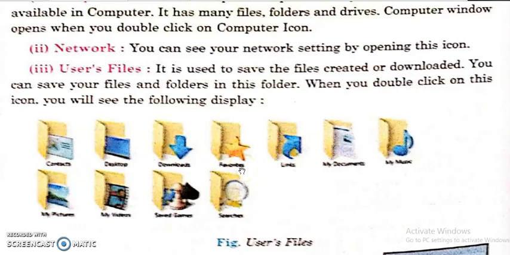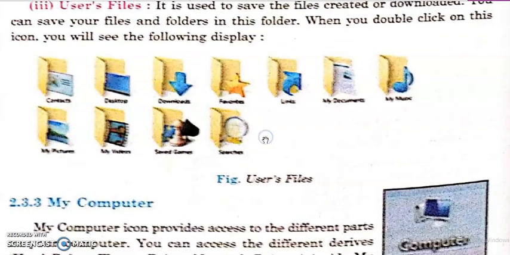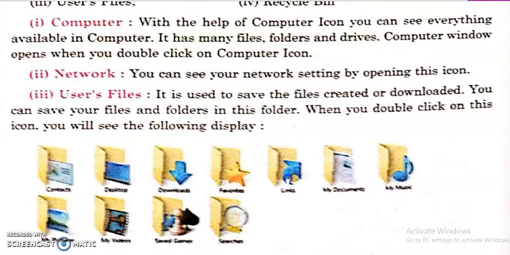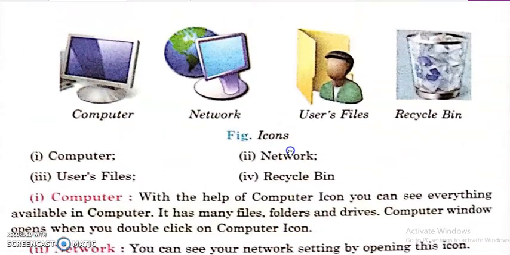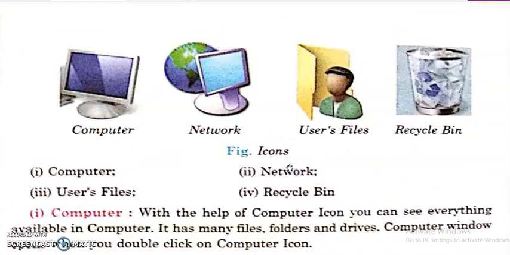Favorites means whatever the user is continuously using every time he switches on the computer. Everything goes inside this. Then the links, my documents, my music, my pictures, my videos, then searches and saved games. Everything is in the users folder. So these are the four important icons on the computer.